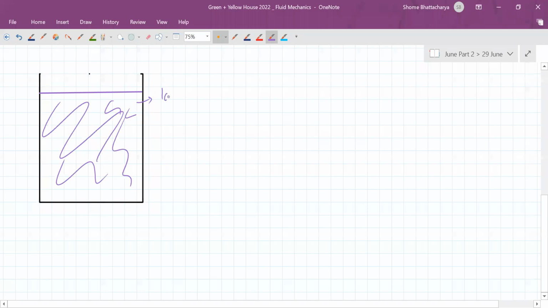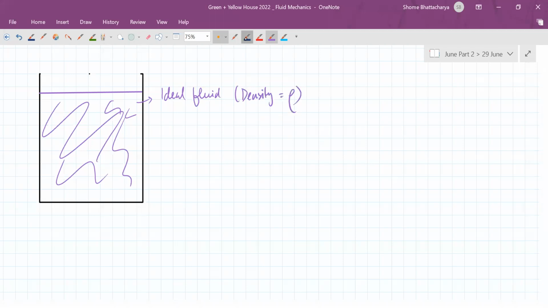This is some ideal fluid which has a density equal to rho. We generally use the symbol rho for density.